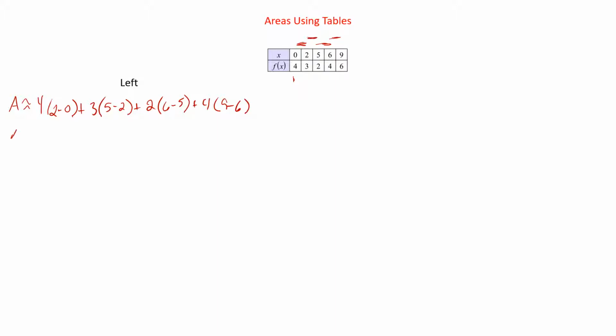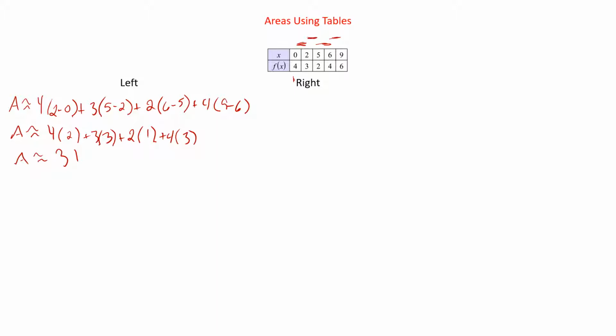We can do the subtraction first. So we'll have 4 times 2 plus 3 times 3 plus 2 times 1 plus 4 times 3. Now you can do the calculations. We'll have 8 plus 9 plus 2 plus 12. 8 plus 12 is 20, plus 9 plus 2 is 31. So the left area is 31.